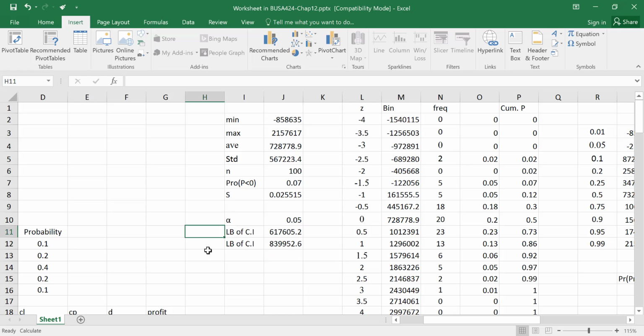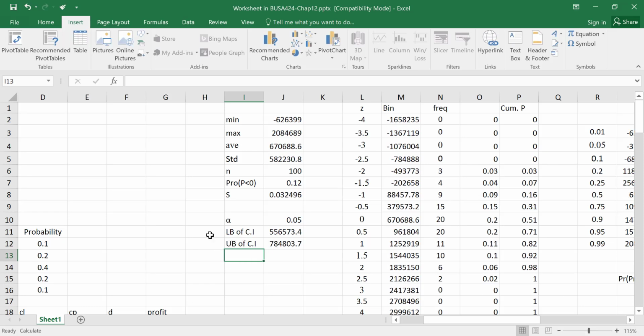So this is the lower bound and upper bound for the mean of the trials, the mean of the profit.